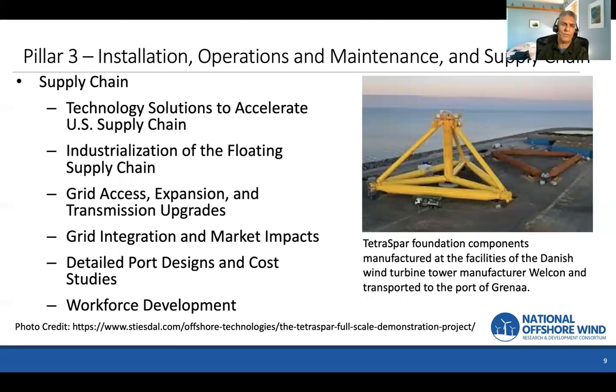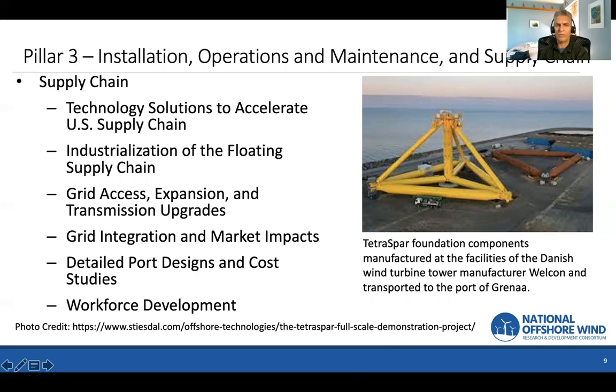Industrialization, as I mentioned, of the floating supply chain is something everybody is interested in and is a key element to lowering the cost of floating wind and getting it into the range where fixed bottom is right now, so that we can build utility scale projects.